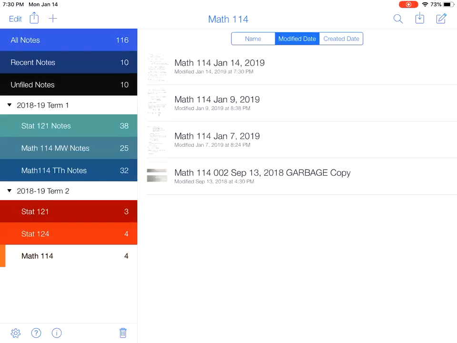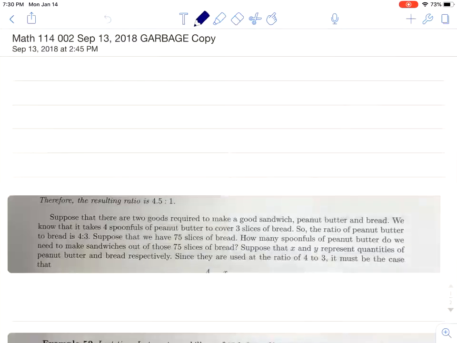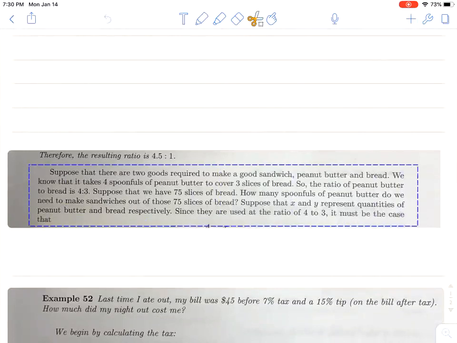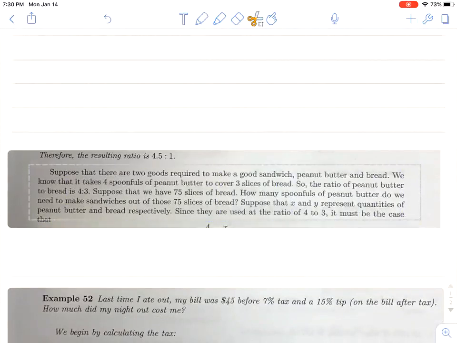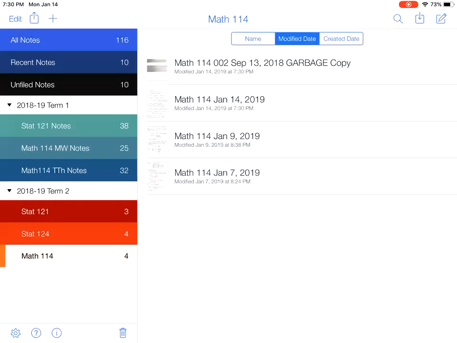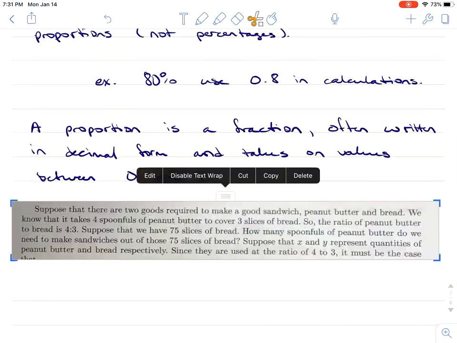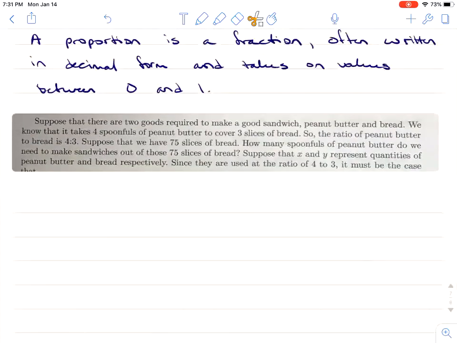Let's have a look at, I stole this. I've just taken a picture from the textbook, so I'll just copy it over. It's not a numbered example, but it's the peanut butter example, which I think is pretty funny. So it goes through and it has this big elaborate description of, so suppose that there are 2 goods required to make a good sandwich.